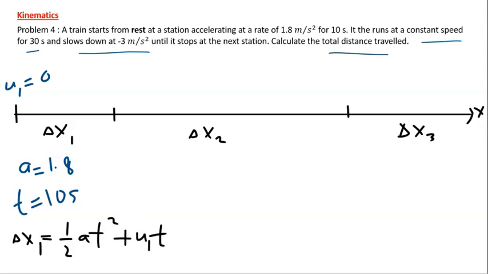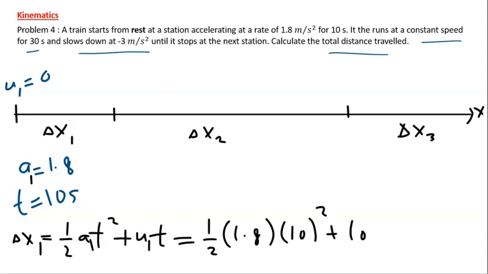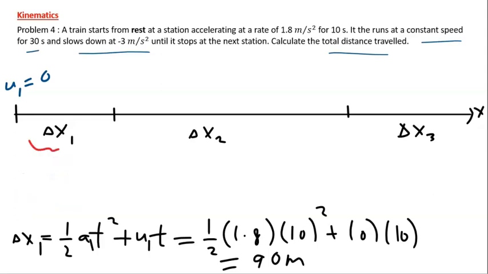So a is the acceleration of the first phase. We can even call it a1. So a1 is 1.8. Upon substituting these numbers, you will get the distance it travels in the first phase of the motion. So u1 is 0 and t is 10, and the answer will be 90 meters. So delta x1 is 90 meters.